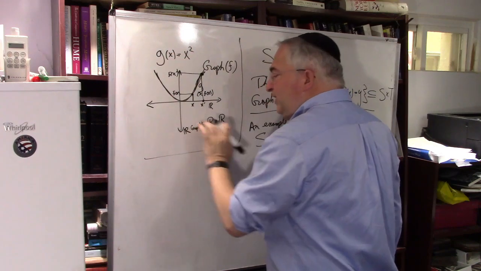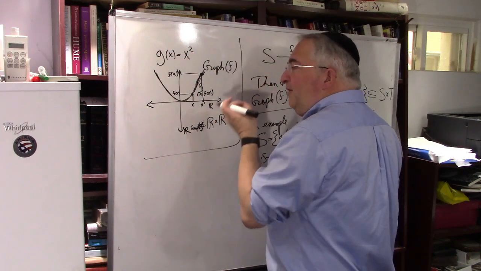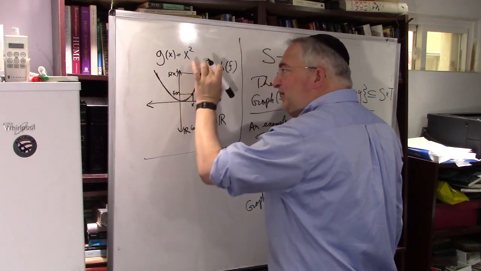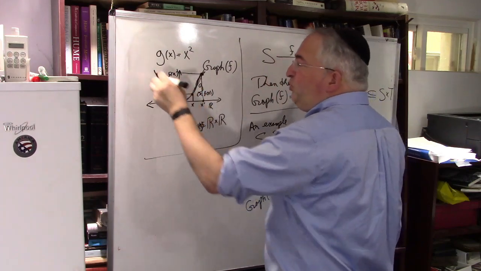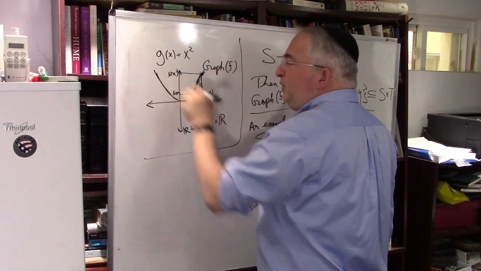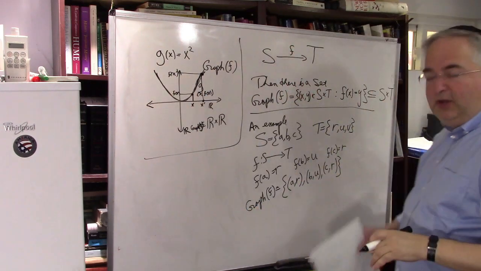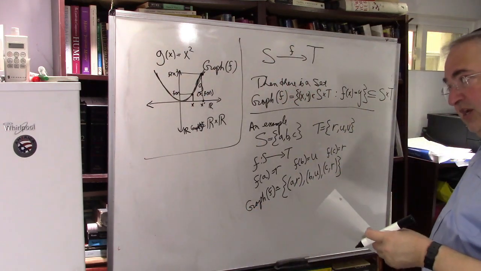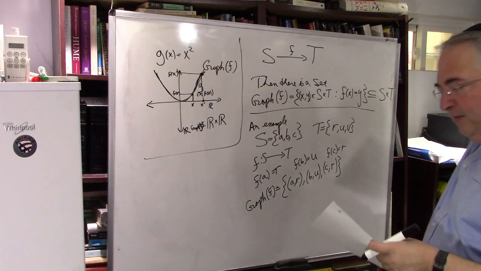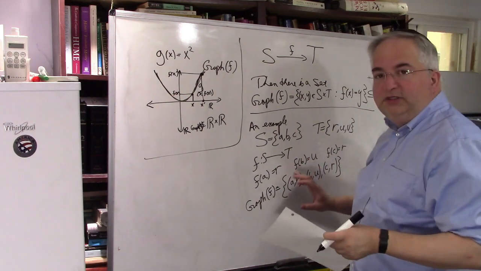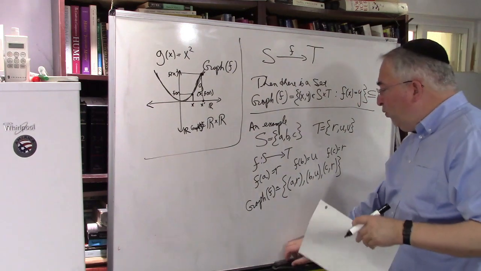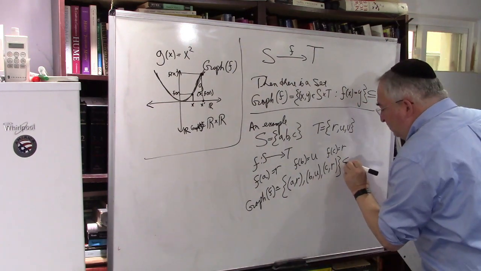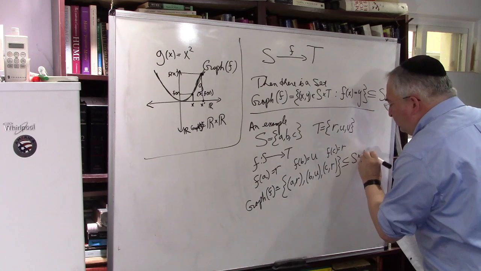This whole plane is R cross R, and you have a subset that you highlight like that. That's this line that highlights this graph that shows you what the inputs are and what the outputs are. So this is something that you've seen a lot before, but you didn't know that it was really this thing. So that's what we're here to show you. It's really just a subset of S cross T.